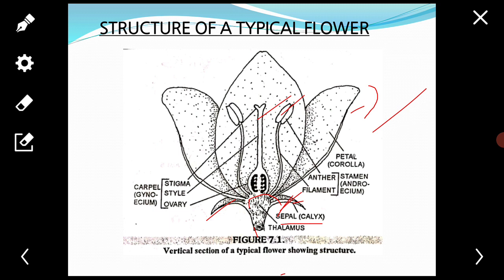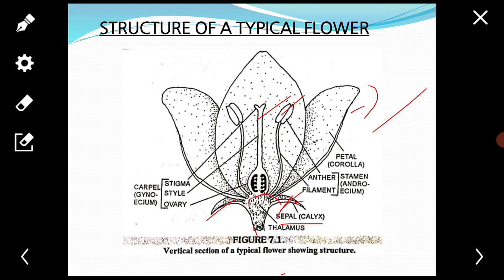They may fall immediately after the flower opens or may remain persistent, example brinjal, and protect the developing fruits.